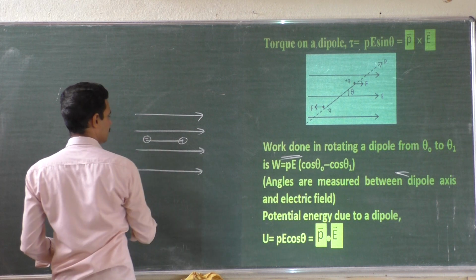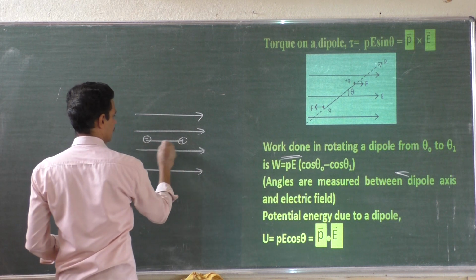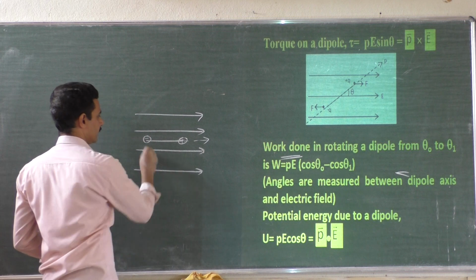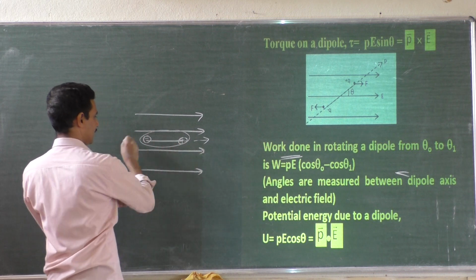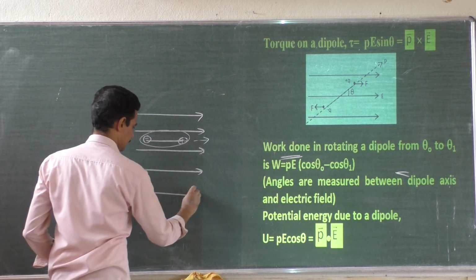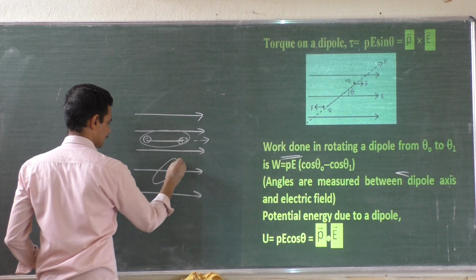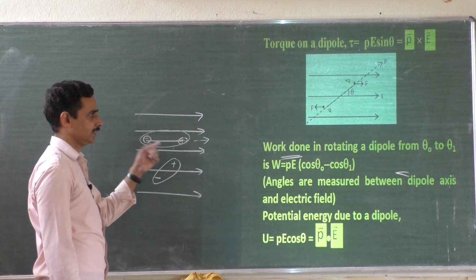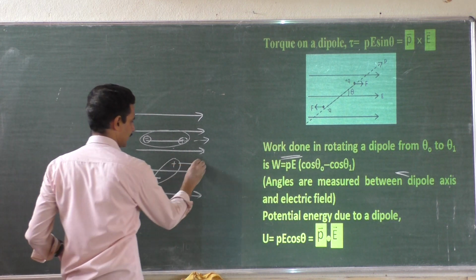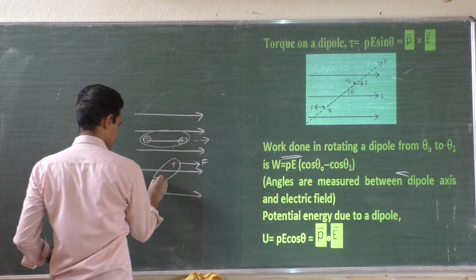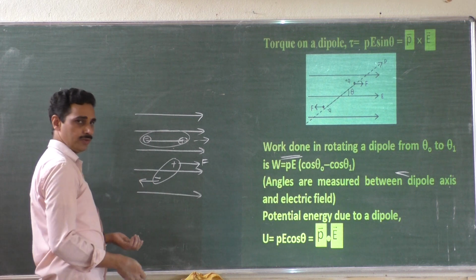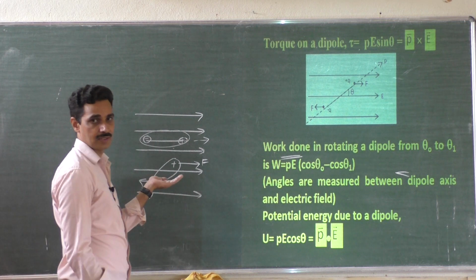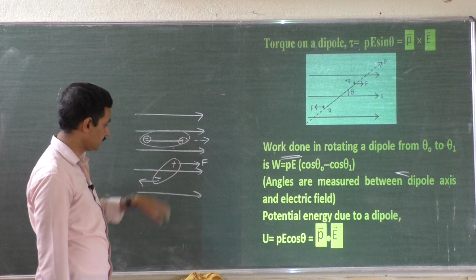The dipole axis will be like this, with the positive charge bent to this side and the negative charge here. This is the stable equilibrium position, where it doesn't experience a torque. Here it experiences a torque: one force like this, another force like this. Net force is zero if it is a uniform electric field, but there is a net torque.